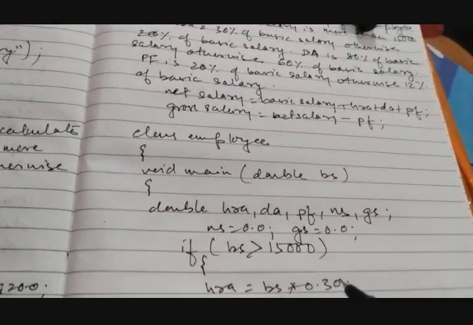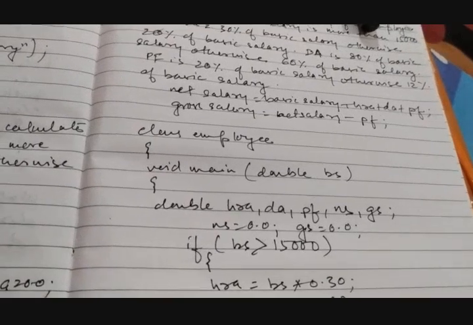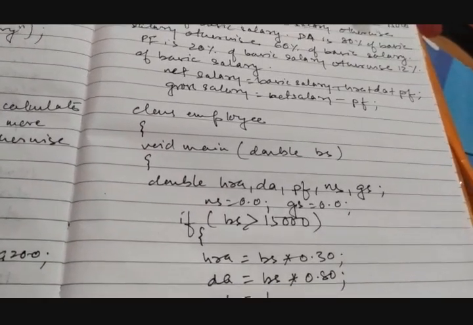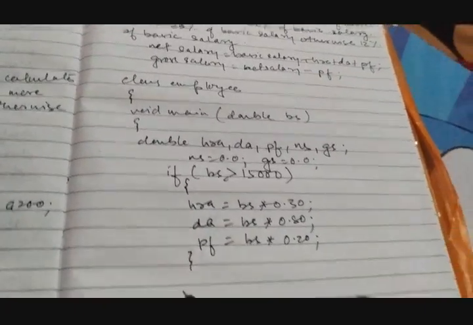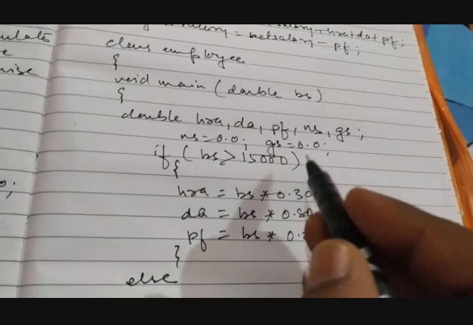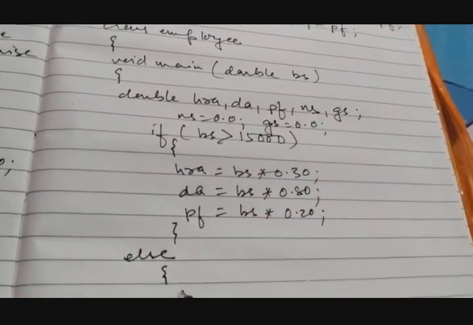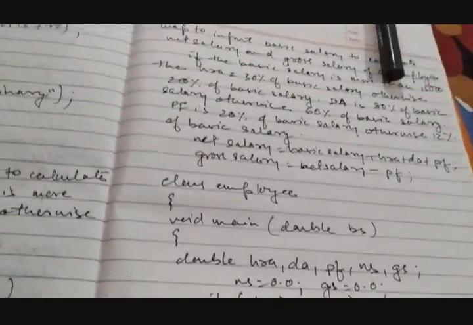Basic salary 80%, 0.80. PF is basic salary 20%. Else, if suppose the basic salary is less than 15,000, then HRA equals basic salary how much?